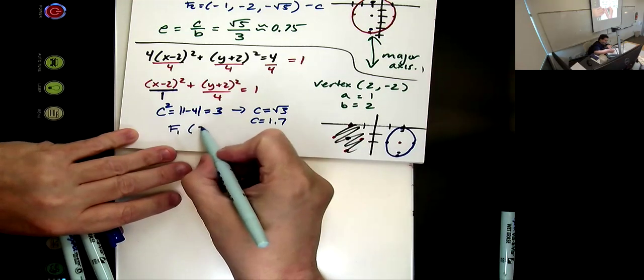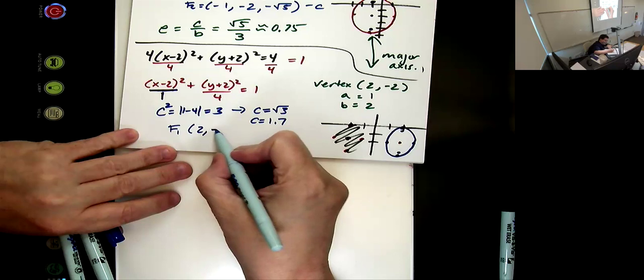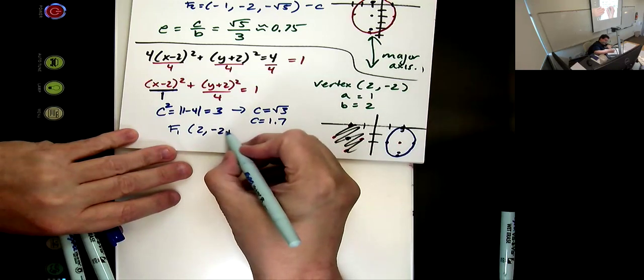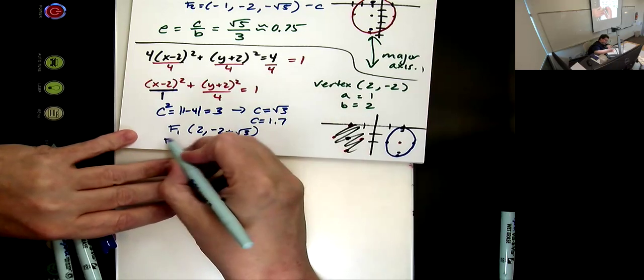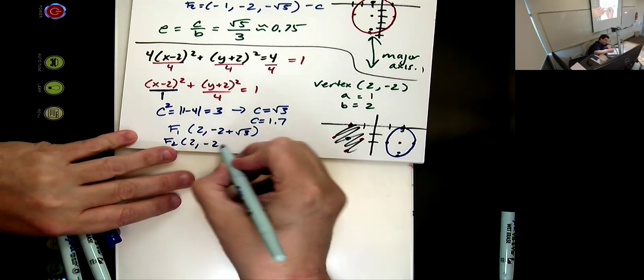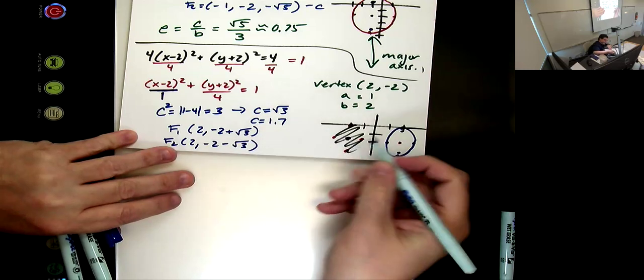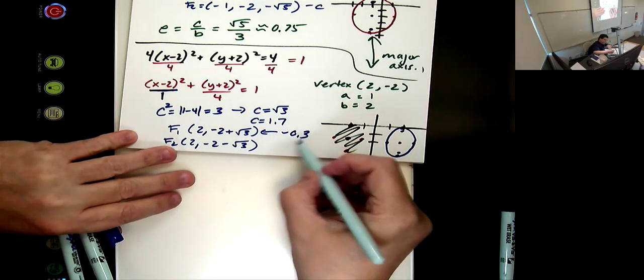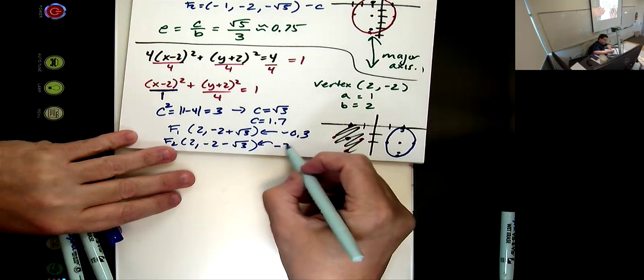F1 is at 2, -2 plus square root of 3. And F2 is at 2, -2 minus square root of 3. That's about -0.3 and about -3.7.